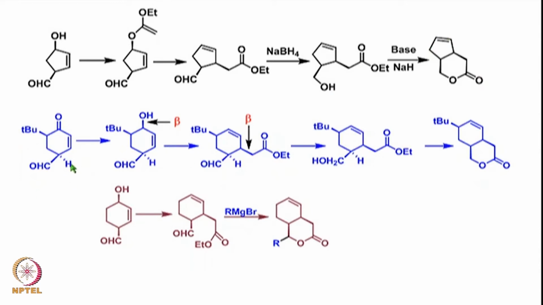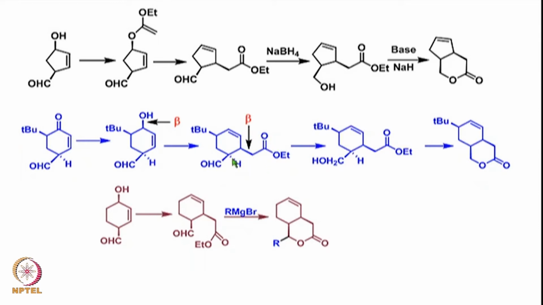Now similarly, if we take this type of substrate in which there is an aldehyde group and an enone moiety, and reduce under Luche reduction conditions, so that the enone is reduced in preference to the aldehyde to form this type of allyl alcohol, and this allyl alcohol upon treatment with Johnson-Claisen conditions will lead to the formation of this gamma delta unsaturated ester.